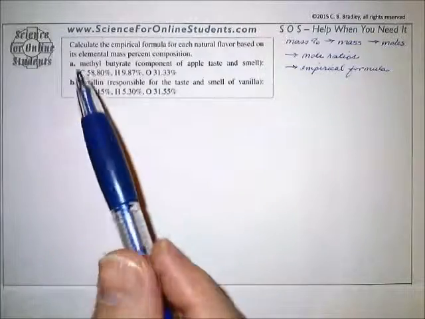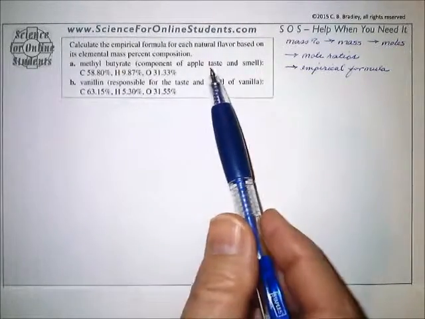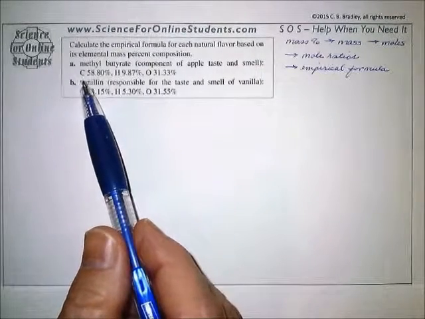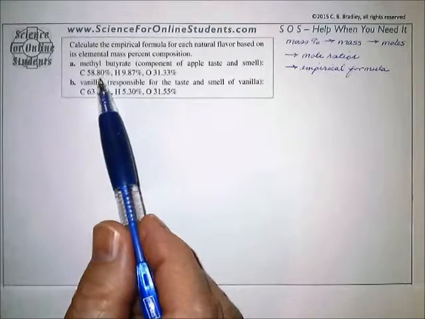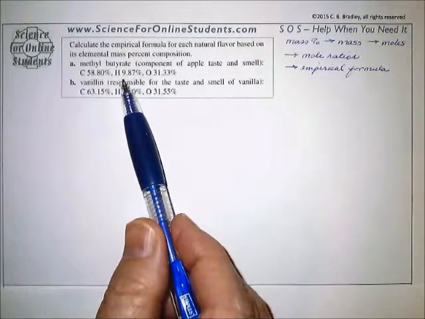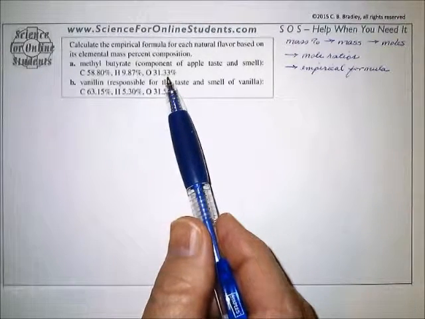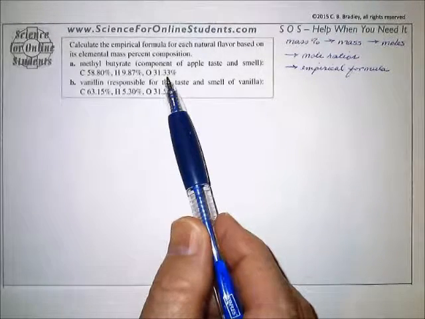So if we start with methyl butyrate, a component of apple, then we get 58.80% carbon, 9.87% hydrogen, and 31.33% oxygen. We take these percentages and we simply express them as grams.